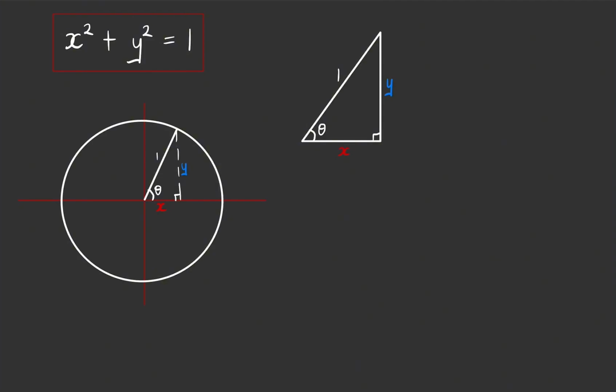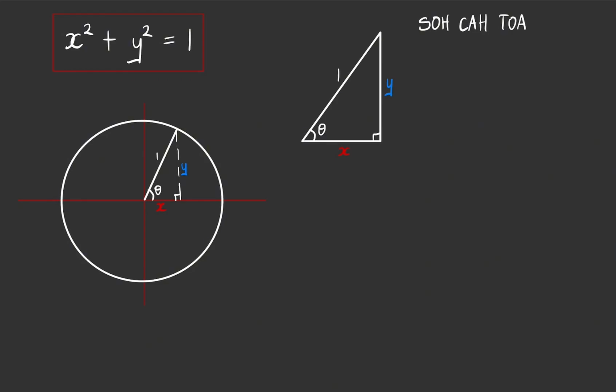Now in trigonometry, we have a mnemonic called SOHCAHTOA. SOHCAHTOA helps us to find the sine, the cosine, and tangent of angles. To derive the Pythagorean identities, we will only need sine and cosine.